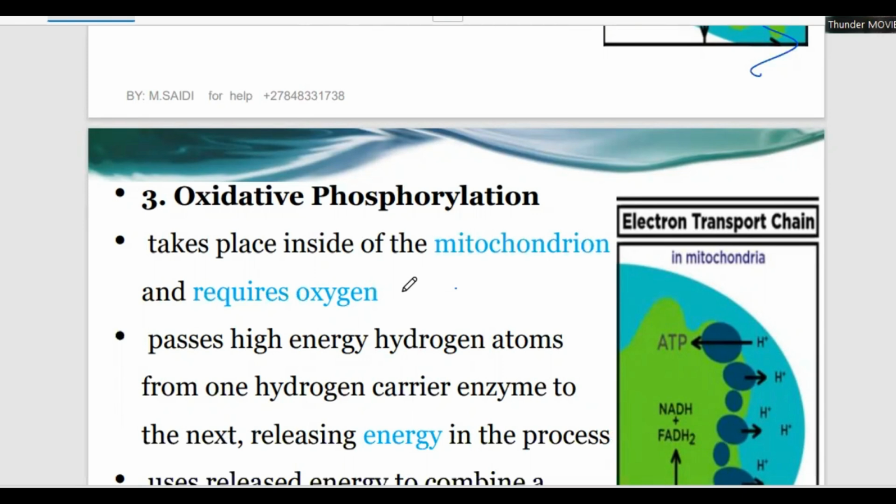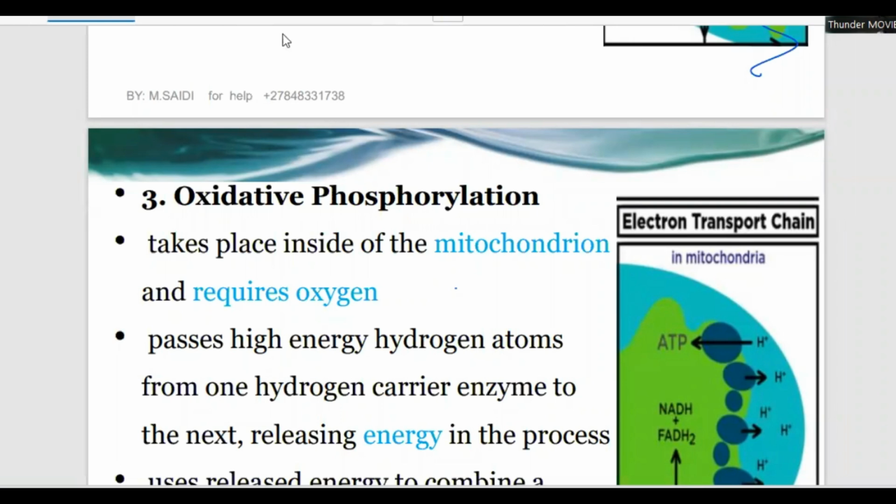Let's go to the oxidative phosphorylation. Under oxidative phosphorylation, what we got from the Krebs cycle enters, and what we got from glycolysis, some of it, that is the NADH, and what we got from the Krebs cycle, those two enter the oxidative phosphorylation.